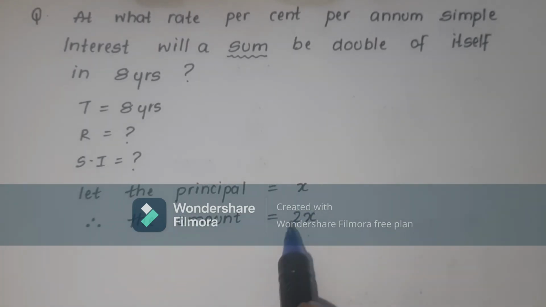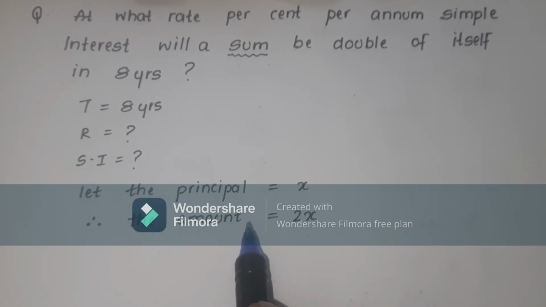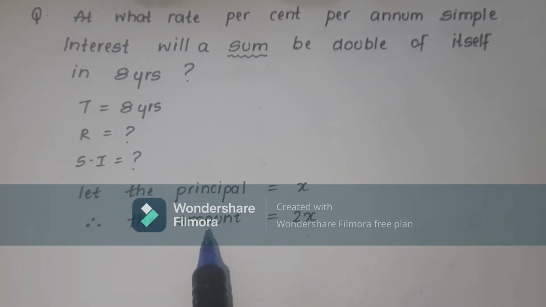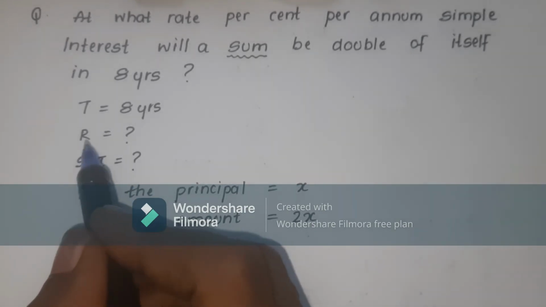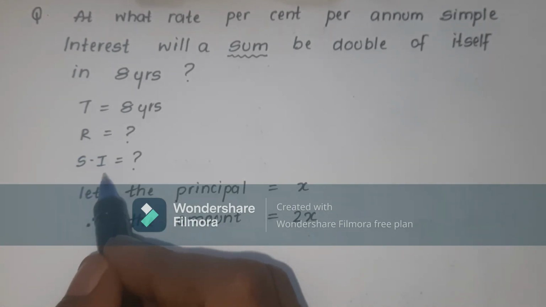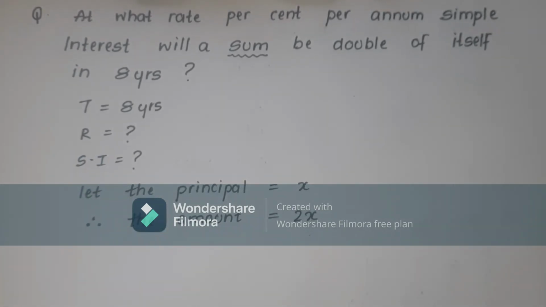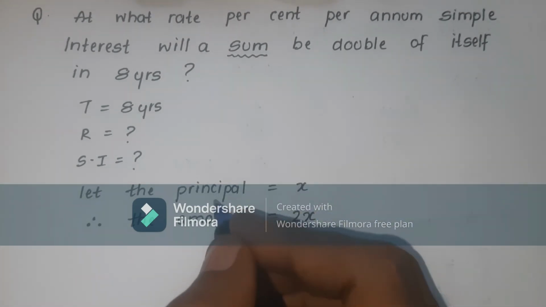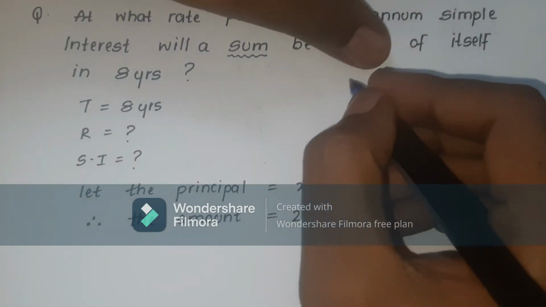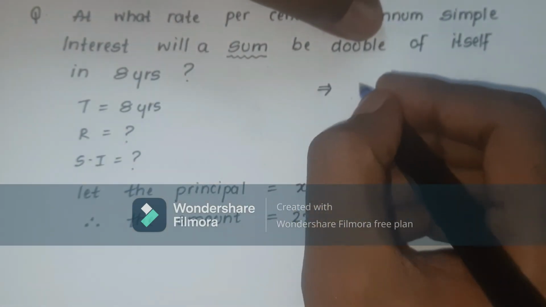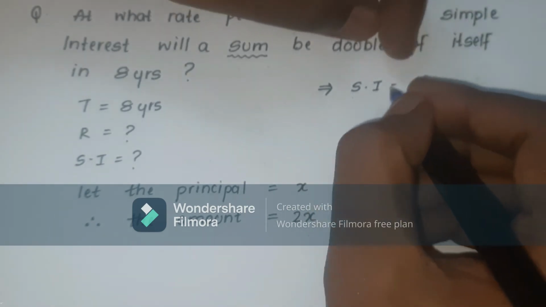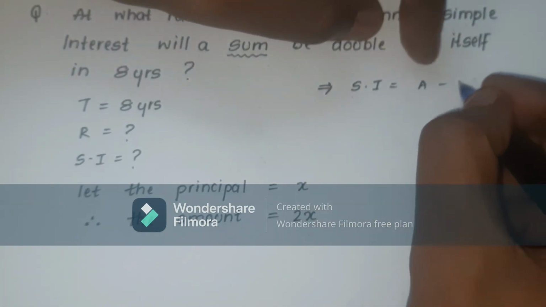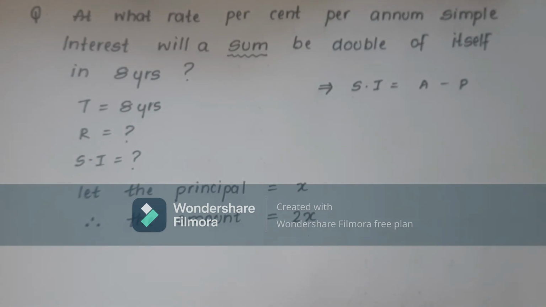Now, student, obviously you know very well there are certain formulas. With the help of formulas we can solve it. We need to find out the rate, we need to find out the simple interest too, right? So you know very well, student, for simple interest what will be my basic formula? Simple interest is equal to amount minus principal, student, right?